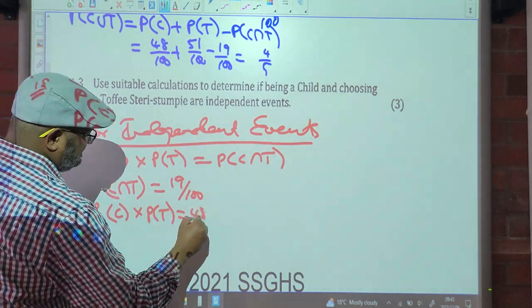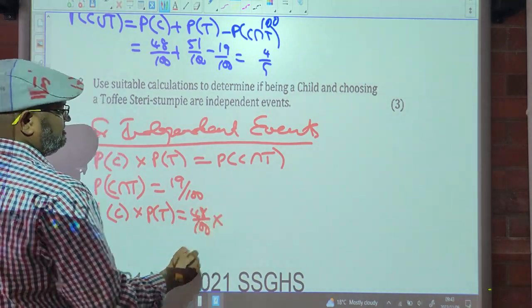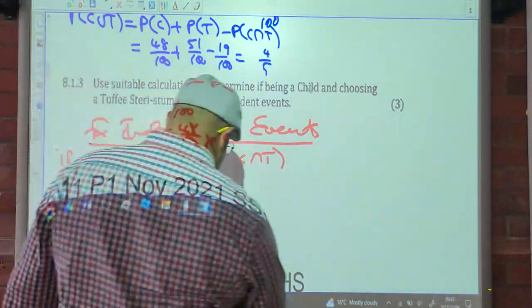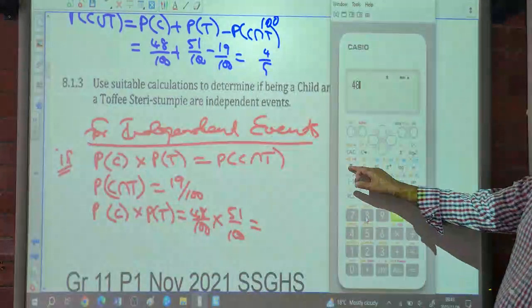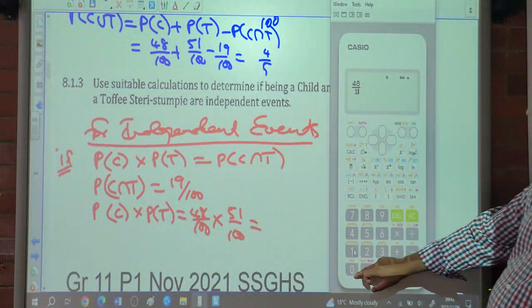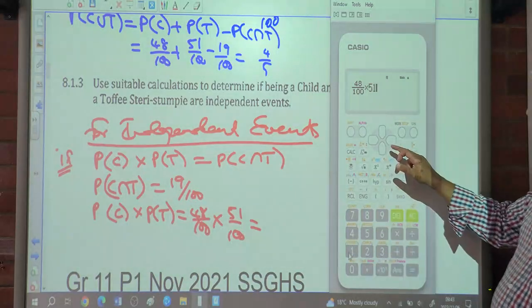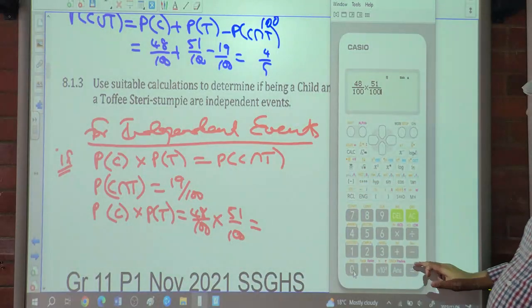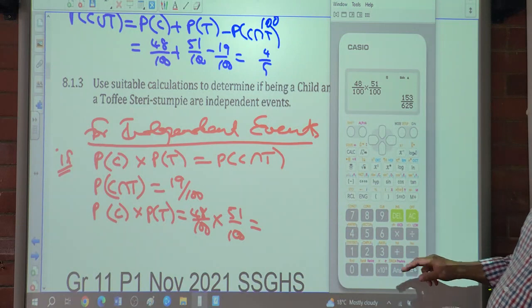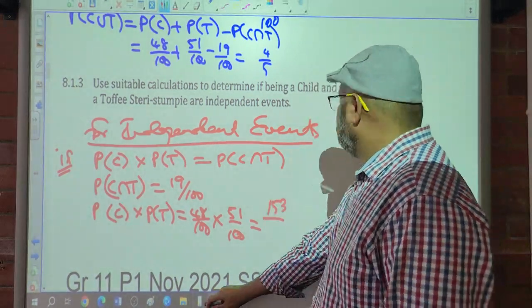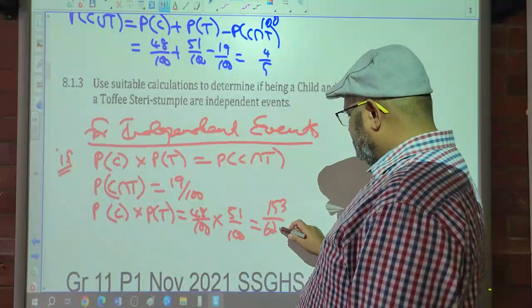So 48 over 100 multiplied by 51 over 100. So it's 153 over 625.